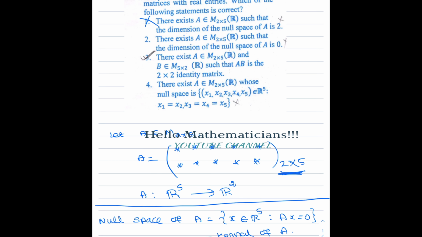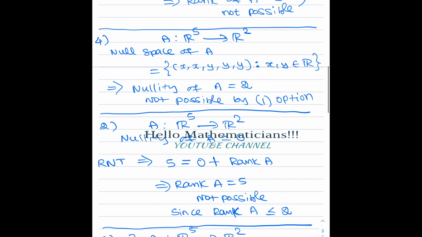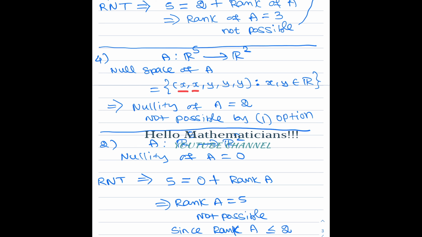If you look at the fourth option, we are looking at the elements of R power 5 such that first coordinate and the second coordinate are equal and the remaining three coordinates are equal. Basically, first coordinate and second coordinate equal and the remaining coordinates equal, and x, y vary over R. So they are saying that there exists a linear transformation R power 5 to R2 whose null space is this space.